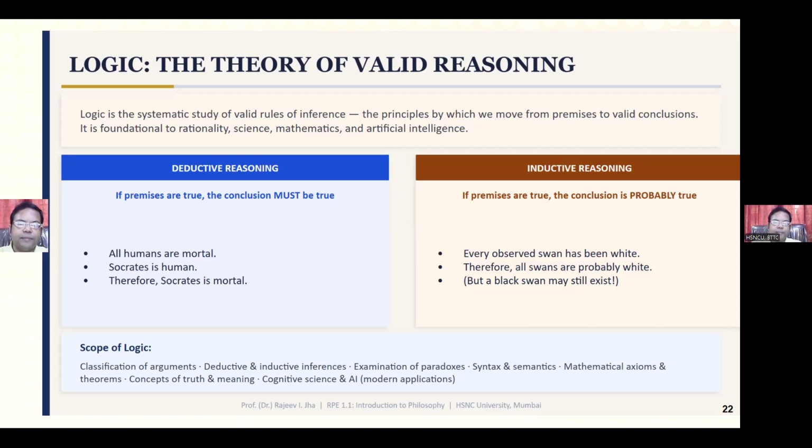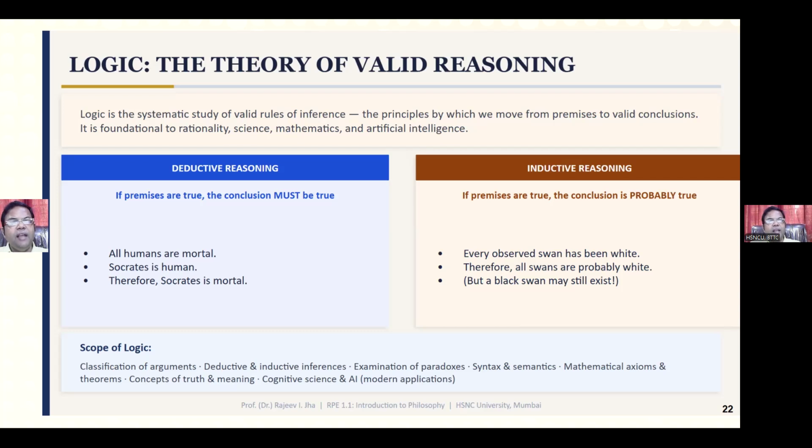Two foundational types: deductive reasoning and inductive reasoning. Deductive reasoning: all humans are mortal. Socrates is human, therefore Socrates is mortal. If the premises hold, the conclusion is guaranteed.